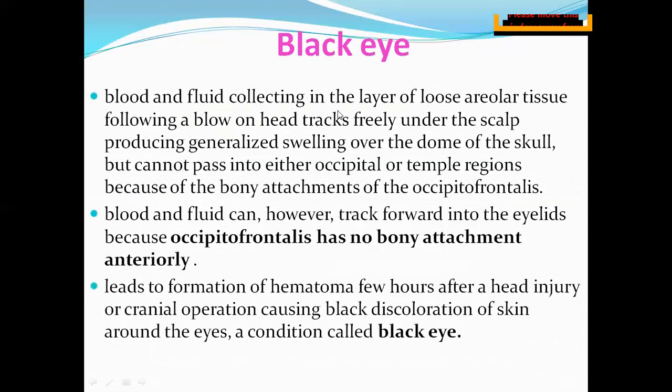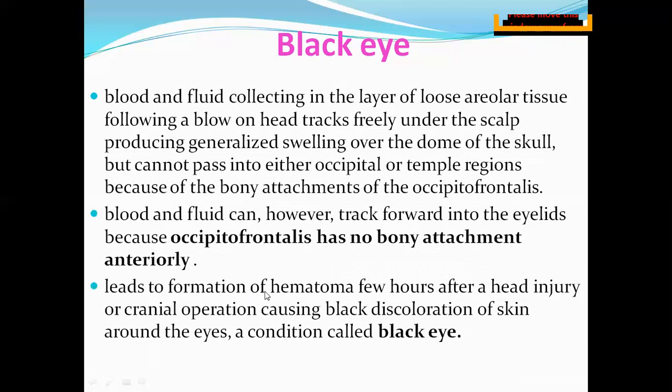Blood and fluid collecting in the fourth layer, the loose areolar tissue, following a blow to the head, tracks freely under the scalp, producing generalized swelling over the dome of the skull. Of course, it cannot pass to the occipital or temporal region because there it has bony attachments, but in front it has no bony attachments, and the blood easily slips down into the eyelids because the frontal belly of occipitofrontalis has no bony attachments.